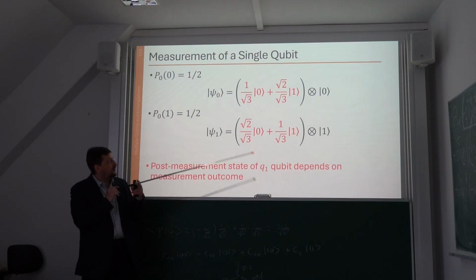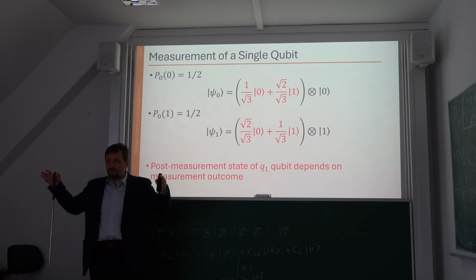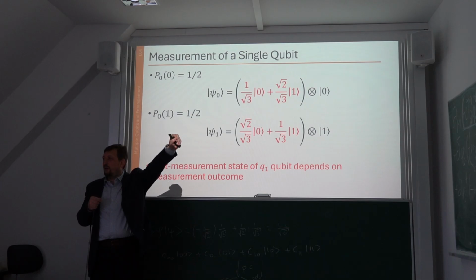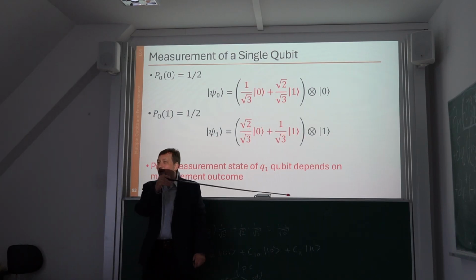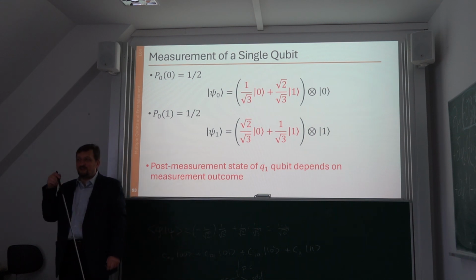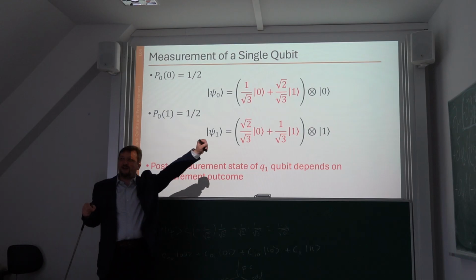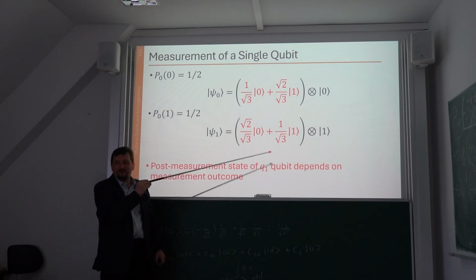We can prepare this initial state with two photons. And we can send one photon to the other side of Earth, or to the other side of the solar system, and measure the first photon only after that. So according to the theory, at the very instant we measure the photon here, the photon on the other side of the solar system switches its state this or that.